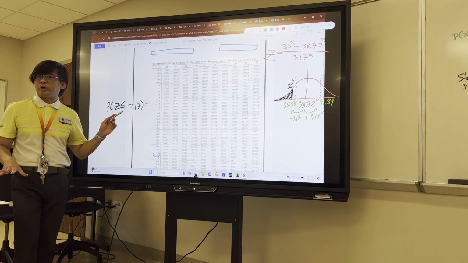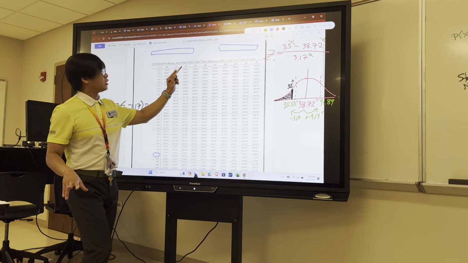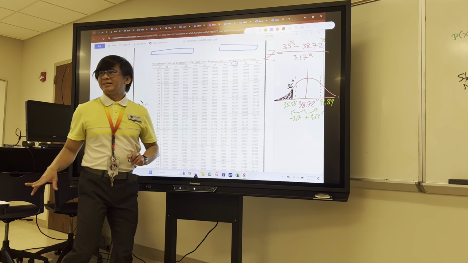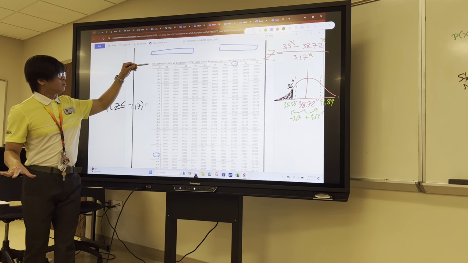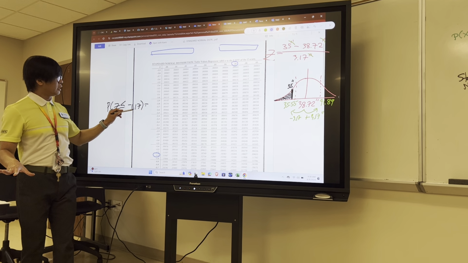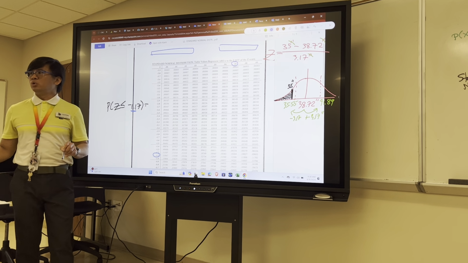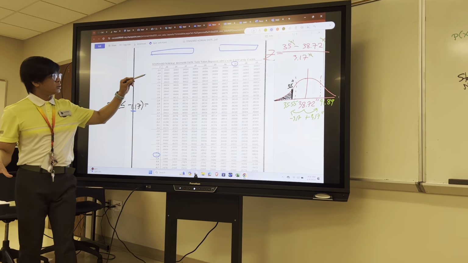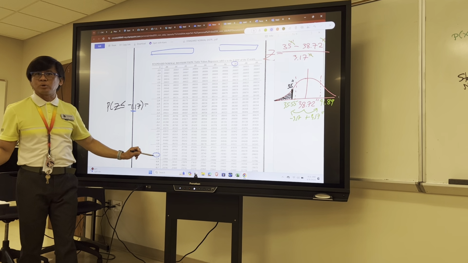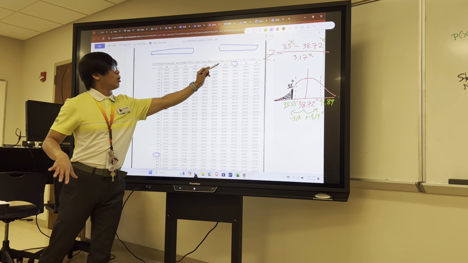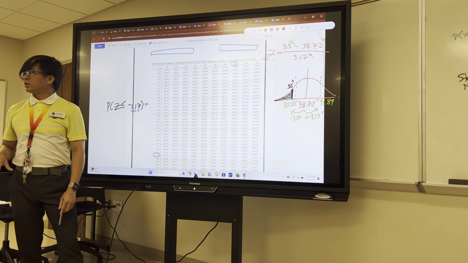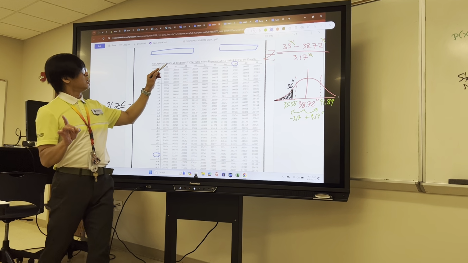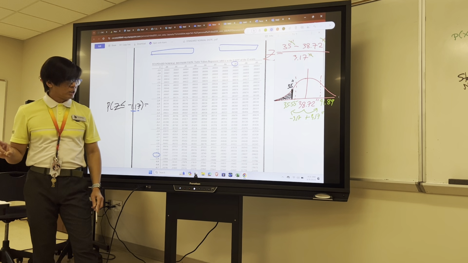But it says negative 1.72, so you're going to add 0.02. See how we're using our table, guys? Verify on your table. On the row, look at the first 2 digits, negative 1.7. And on the column, you look at the second decimal place, the hundredths place, negative 1.72.